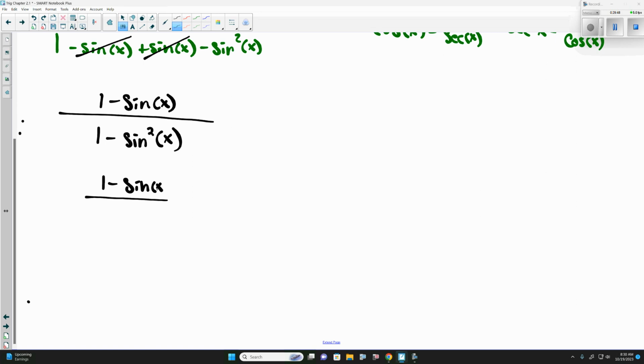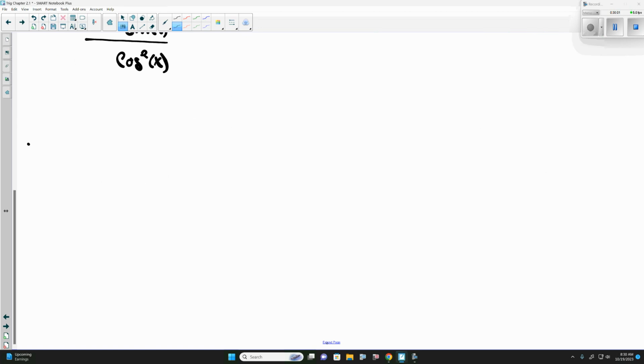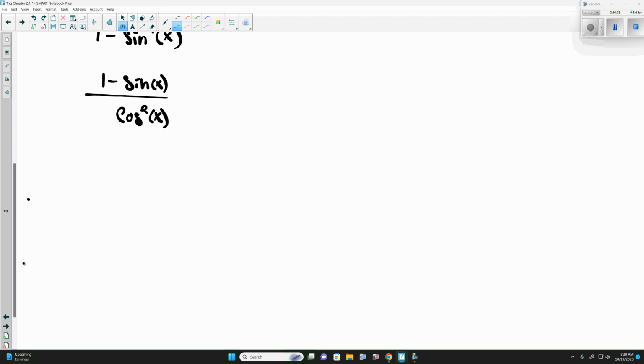As we just said a minute ago, 1 minus sine squared of x is the same as cosine squared of x.